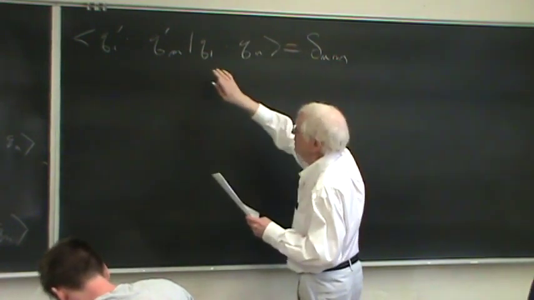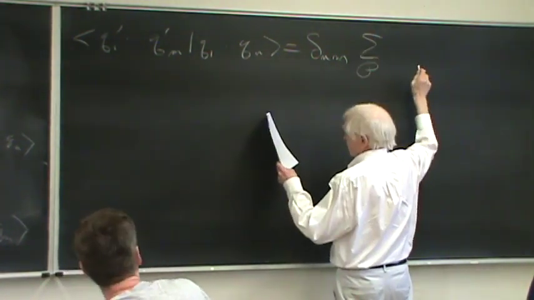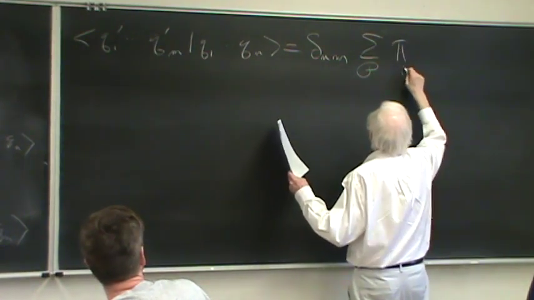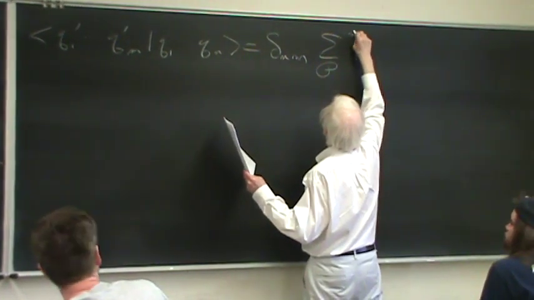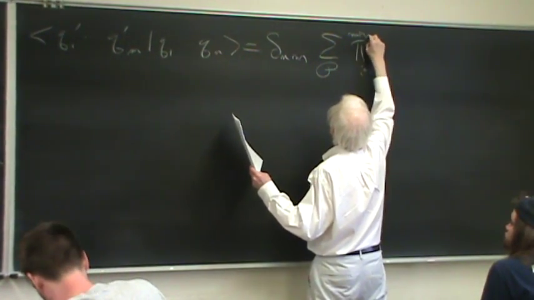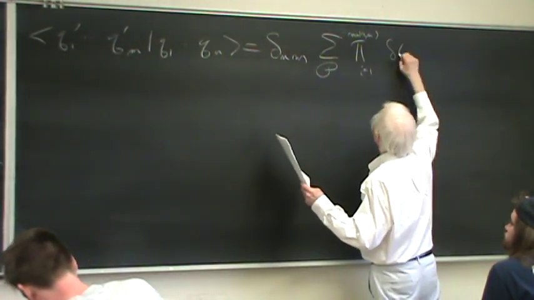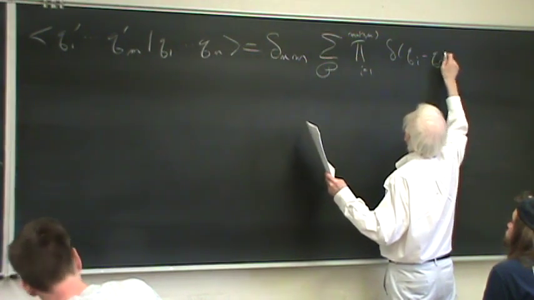First of all, if there are different numbers of particles, the states are orthogonal. And then we sum over all permutations, product i equals 1 to, I guess, the minimum of N and M, delta of Qi minus Q of Pi.